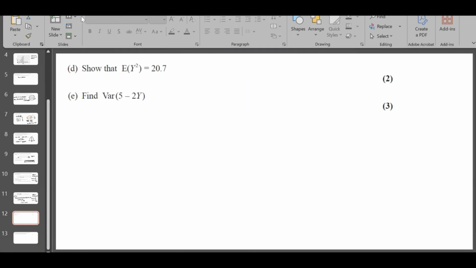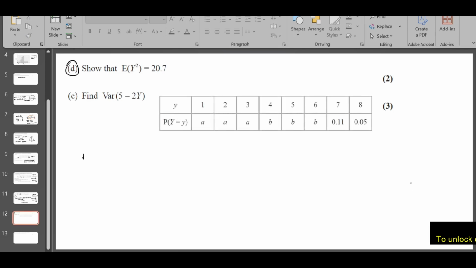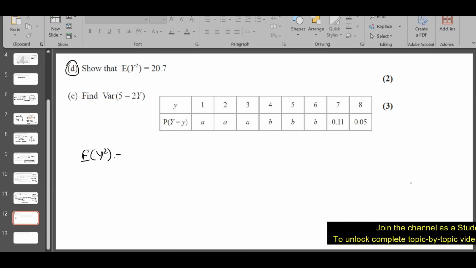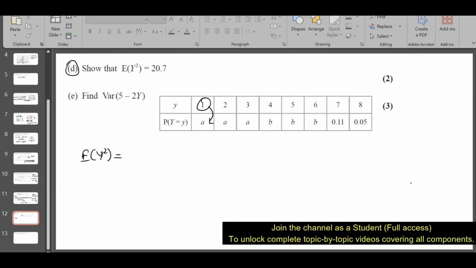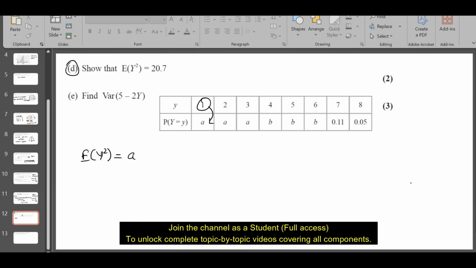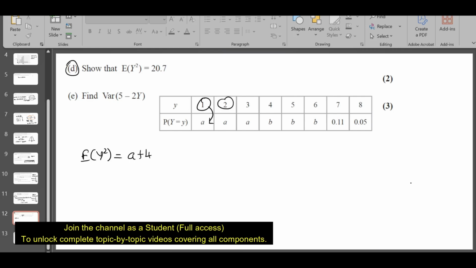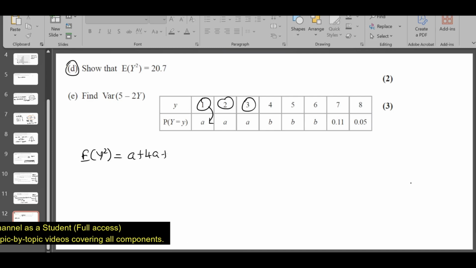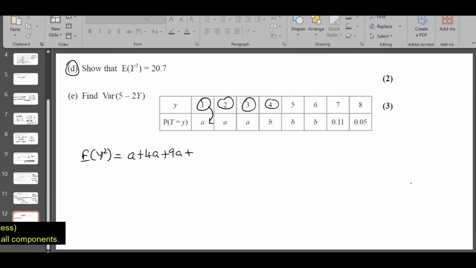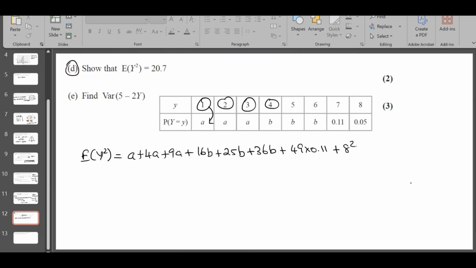Show that E of y square is this. Okay, I have put the table here, so you can write E of y square as y square multiplied by this. 1 square is 1 times A, 2 square is 4 times A, 3 square is 9 times A, 4 square is 16 times B, 25 times B, 36 times B, 7 square times 0.11, 8 square times 0.05.